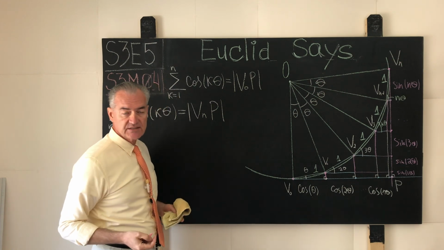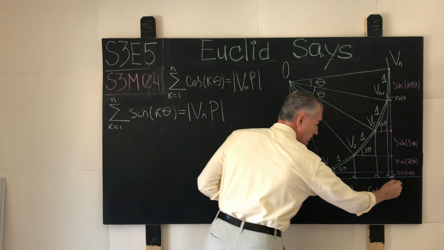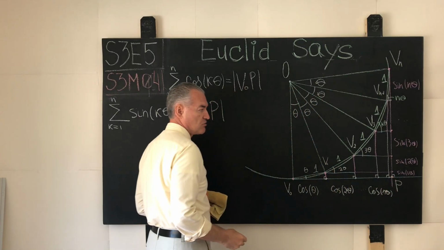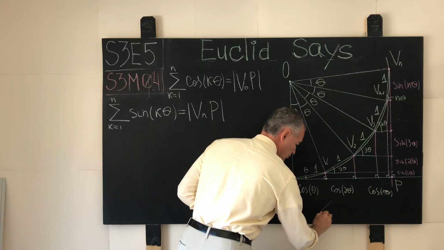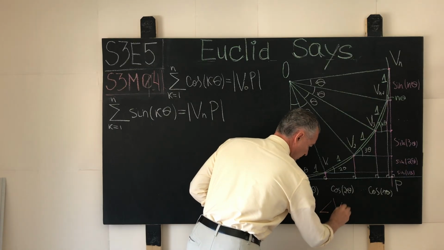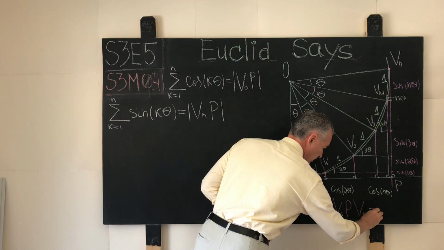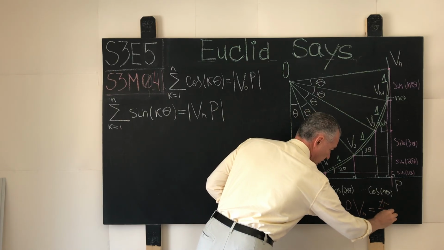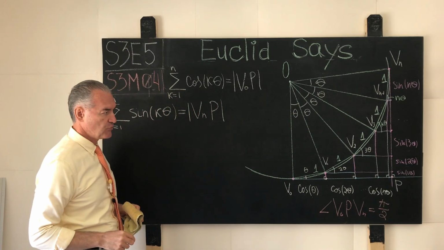These two straight lines intersect at what angle? Exactly, they intersect at the point P at right angle. So in other words, the magnitude of the angle V0 P Vn is equal to pi over 2. You see, this is important, pi over 2.